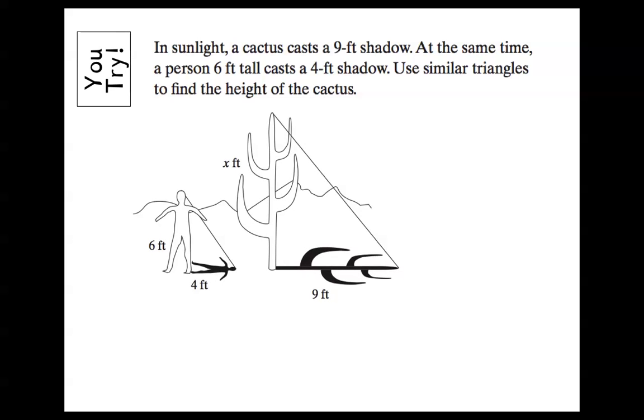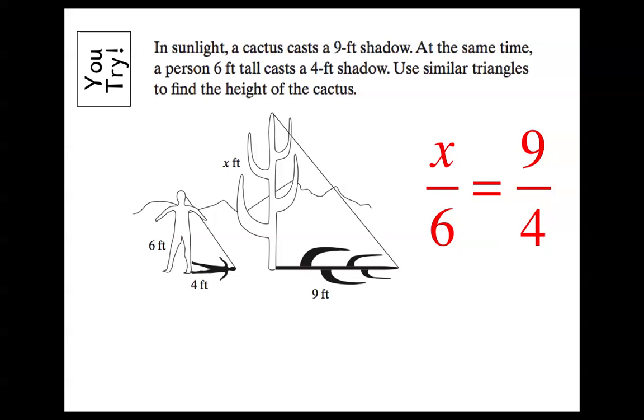In fact, okay, I'll do the drawing for you. Hopefully you can see how that drawing relates to that word problem. And what the heck, I'll just go ahead and make a proportion for you. X over 6 equals 9 over 4. Make sure you can see the connection between that drawing and those proportions. If not, write down a question or put a star or something so that we can talk about this tomorrow.